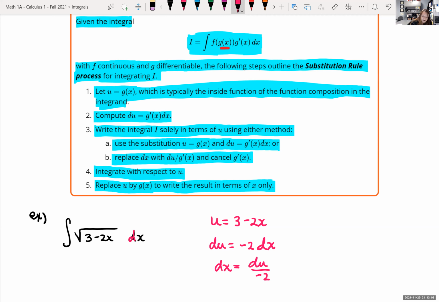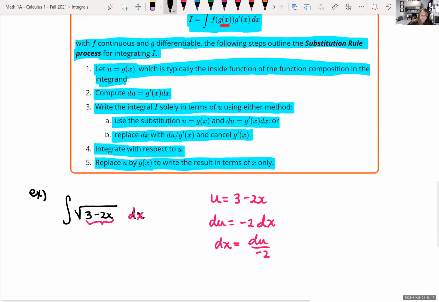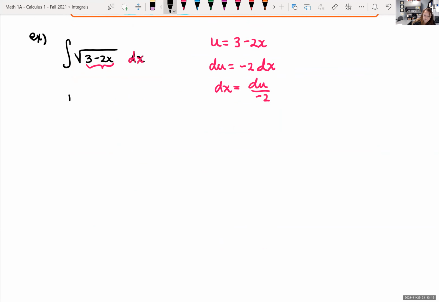So let's go back in there. Let's replace what dx is, and let's replace what we chose u to be. So we really have the integral now of the square root of u du over negative 2.